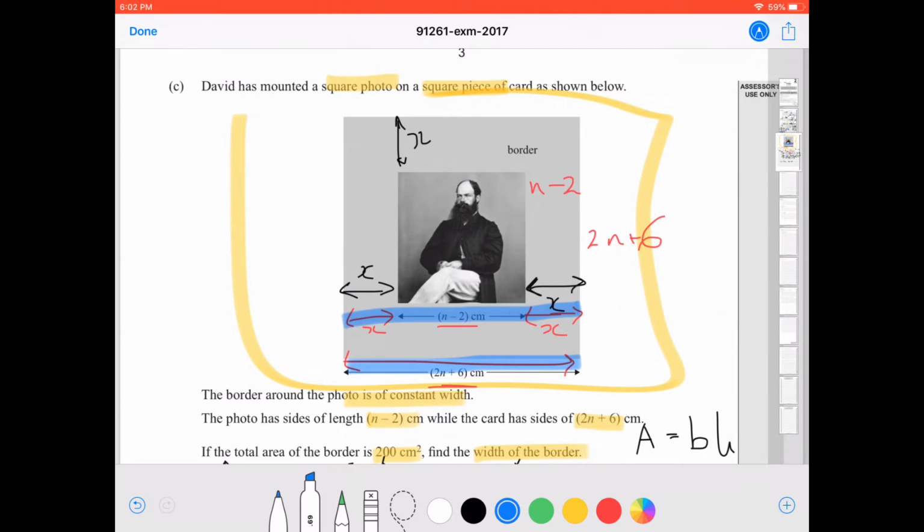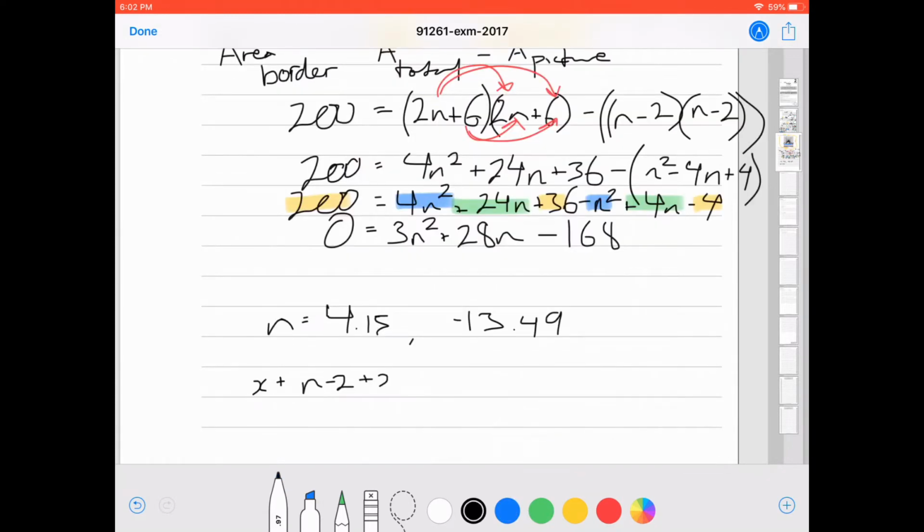So we can say, what did we have? It was x plus n minus 2 plus x. That equals 2n plus 6.